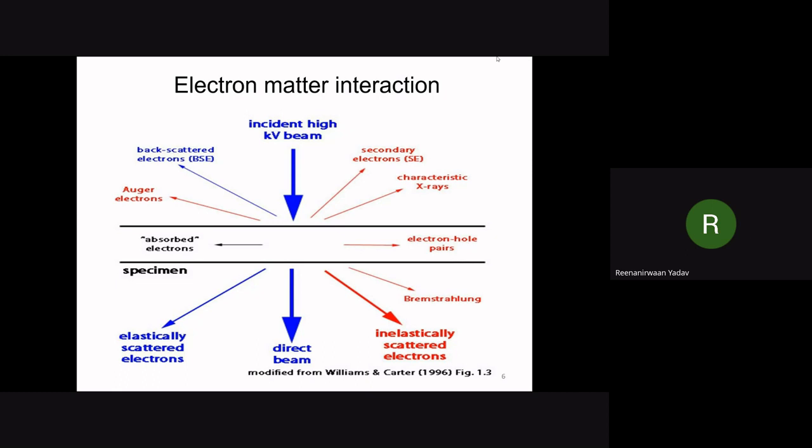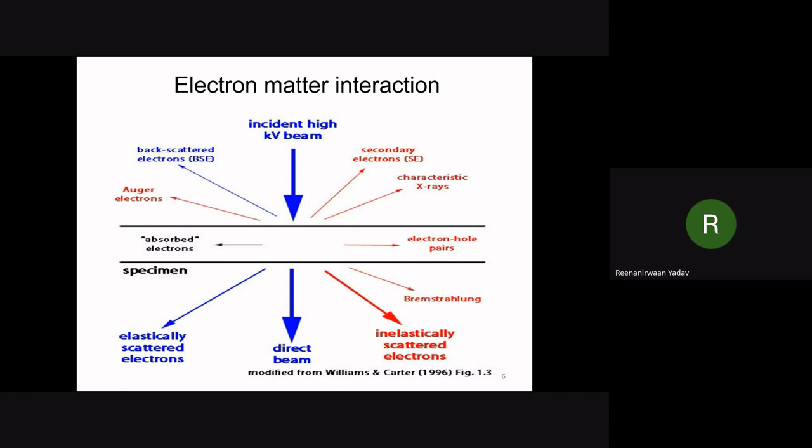So when our incident beam falls on our object, it may be transmitted or scattered back. It may be transmitted by losing some energy, which we call inelastically scattered electrons, or transmitted without any interaction, or transmitted with a little interaction but without losing energy, or it can be backscattered. Backscattered electrons are generally used for image creation in scanning electron microscopy.